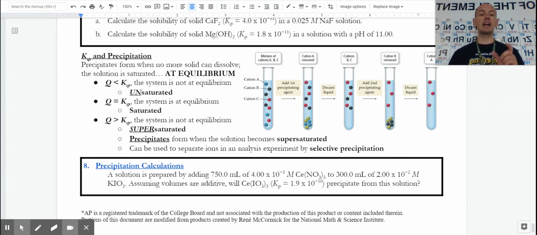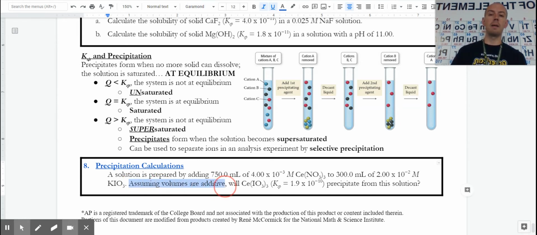This problem down here has some good tricks to it that are important to watch, because not only do I do a K calculation, this phrase, which will come up in solutions, probably in acid-base, and obviously right here, helps us recognize that although I'm given molarities of my chemicals, if I mix two solutions, I am increasing the volume of my final solution.